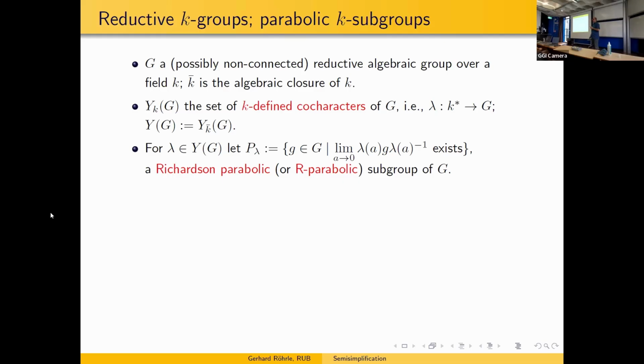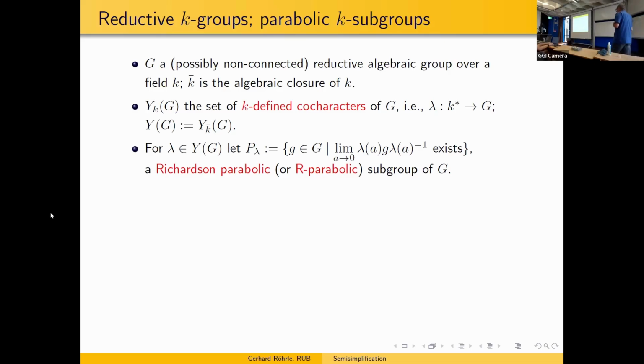And it turns out that's a parabolic subgroup in the sense that G modulo this P lambda is a complete variety. We call it the Richardson parabolic or R-parabolic. Richardson introduced these parabolic subgroups coming from co-characters. You find them also in Springer's book.